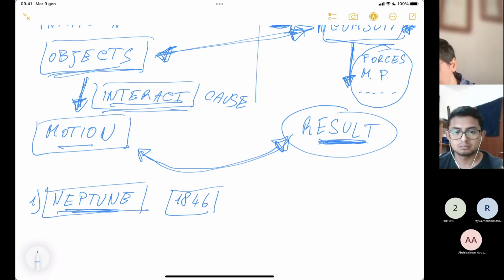To be honest, I have to say that Neptune was seen before 1846. Someone compared a drawing made by Galileo Galilei when he invented the telescope.